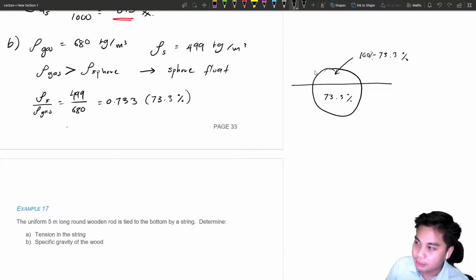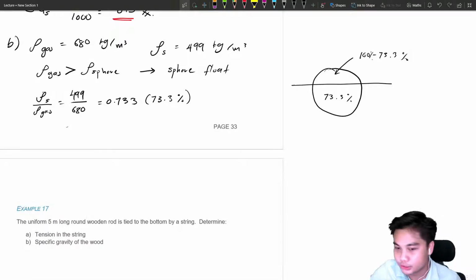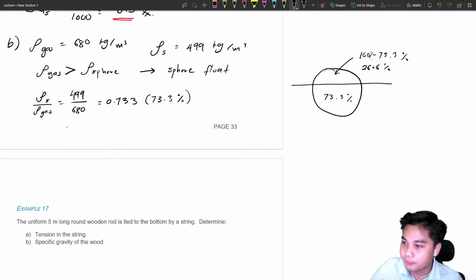Based on this, the exposed percentage is 26.6%, or a coefficient of 0.266.